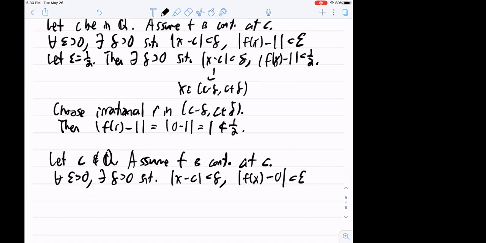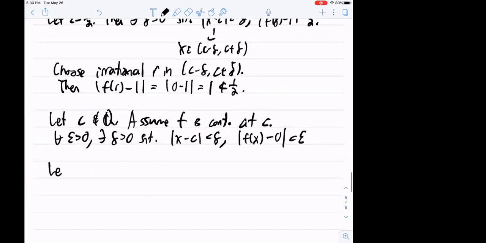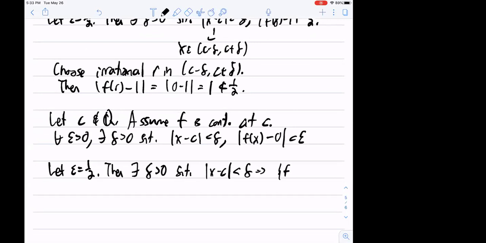Hopefully it's the same thing. Epsilon is a half, then there exists delta bigger than 0 such that |x minus c| less than delta implies f of x is less than a half. It's clear, because this means x is in (c minus delta, c plus delta).